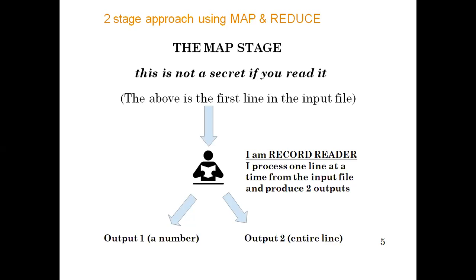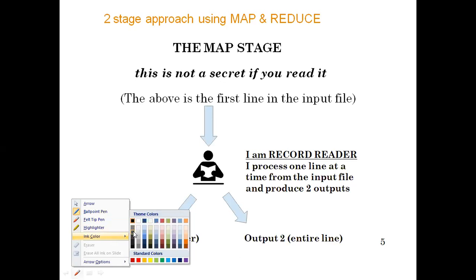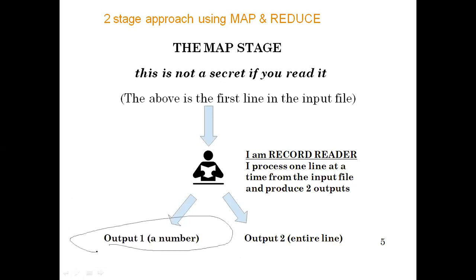Output 1 will be a number and output 2 will be the entire line, that is the line itself, the string itself.